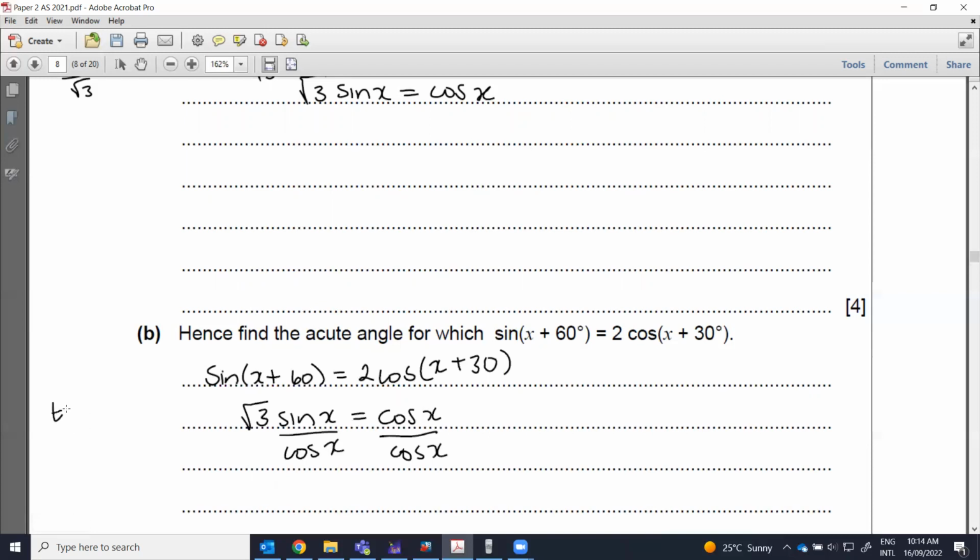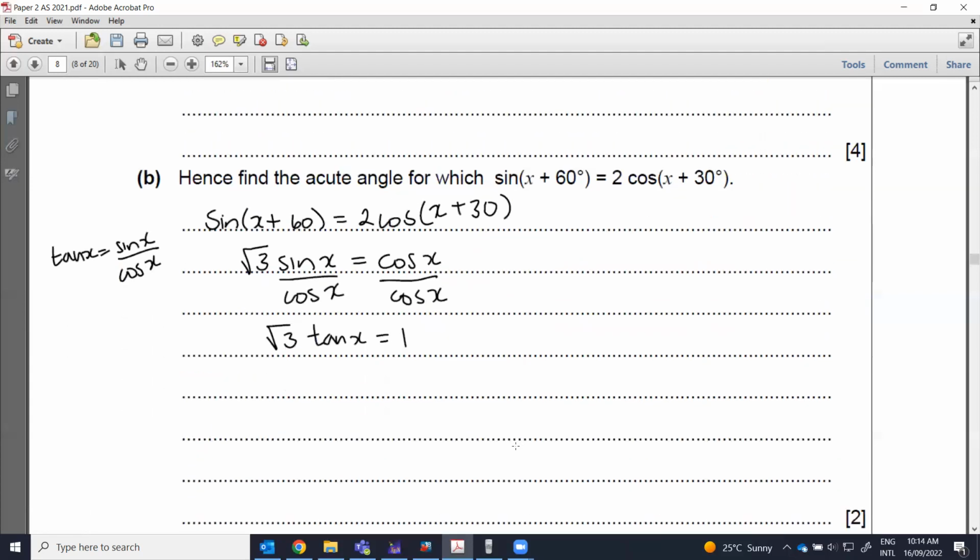And we know that tan x is sine x over cos x. So we have the square root of 3 times tan x is equal to 1. Okay, and then we make tan x the subject of the formula.